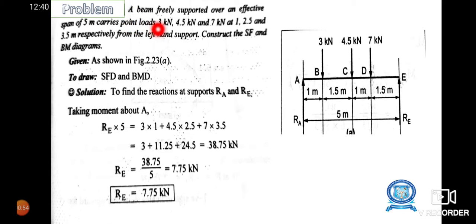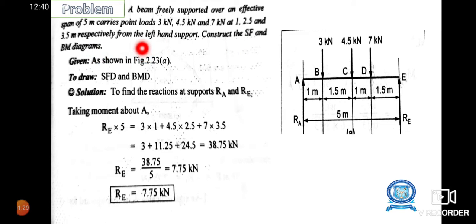A beam freely supported over an effective span of 5 meter carries point loads 3 kilonewton, 4.5 kilonewton and 7 kilonewton at 1, 2.5 and 3.5 meter respectively from the left hand support. Construct the shear force and bending moment diagram.